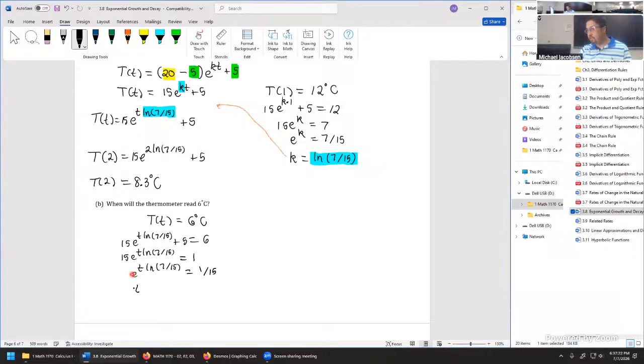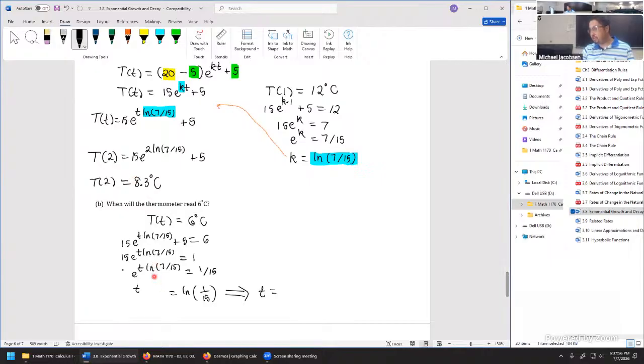The left-hand side becomes t times natural log 7/15 is natural log 1/15. And I'm running out of horizontal space, so we'll just move to the right. Now multiply by the reciprocal of that coefficient there. T is now equal to 15 over the natural, hang on, let me look at that again. That 7/15 was all in parentheses, so we should be really cautious with that and rewrite it as, let me try it again.